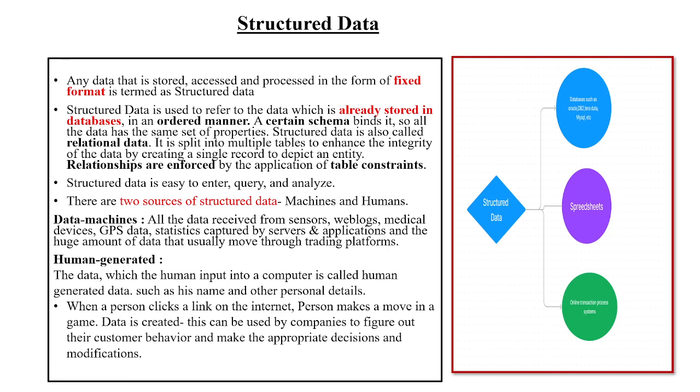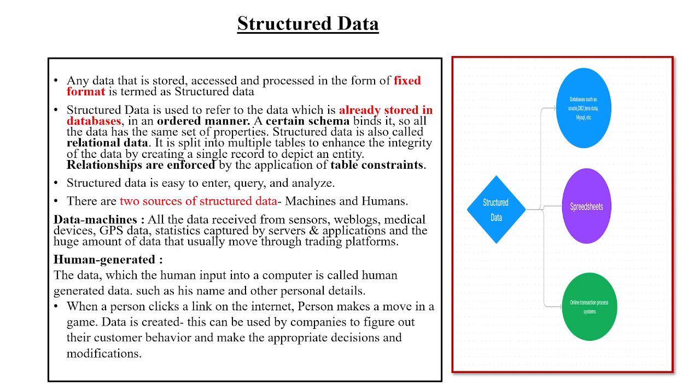The machine is going to generate the structured data. In which cases? The data that we receive from sensors, weblogs, medical devices, GPS data, and the statistics that are captured by servers and applications, and the huge amounts of data that usually move through traditional platforms. All these data that are captured by these machines are in a structured, ordered manner.